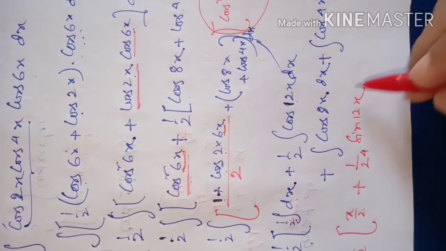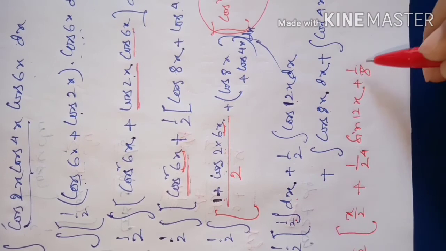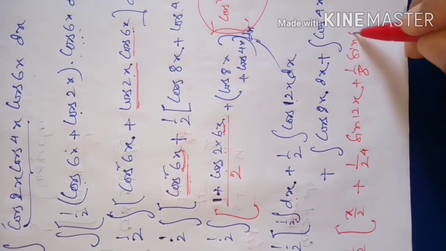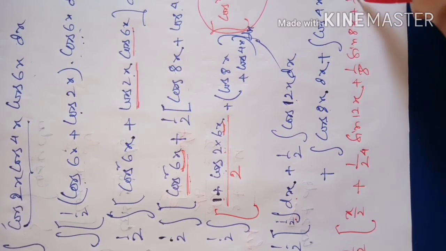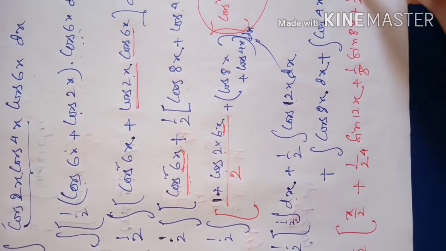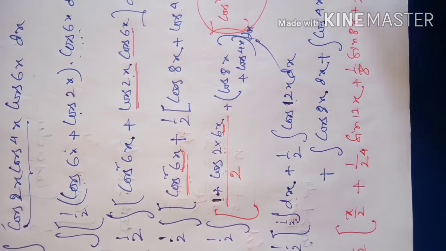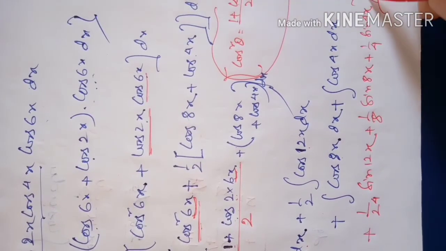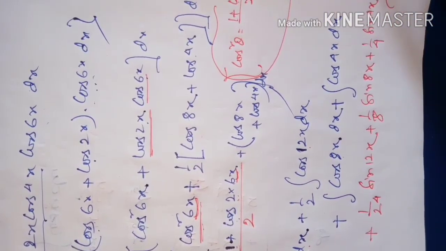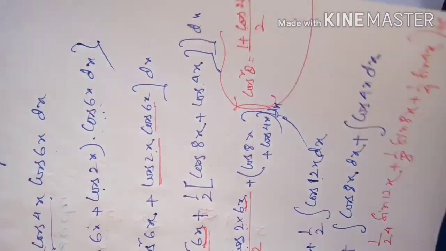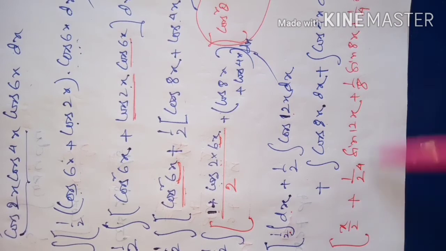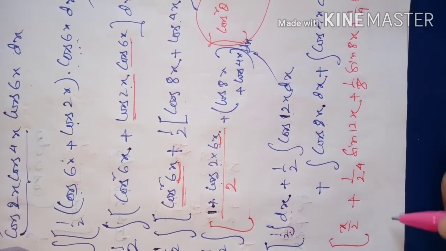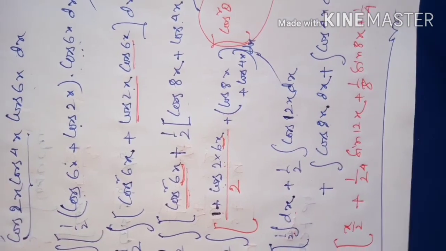Then 1 by 8 sine 8x. Then 1 by 4 sine 4x plus c. This is our whole expression. So this is the answer, or you can multiply this half over this, or you can leave it as it is.